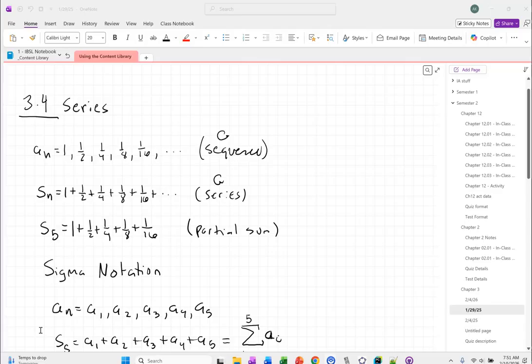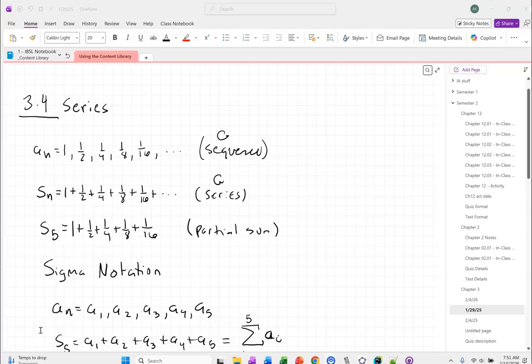If the series doesn't have a dot, dot, dot at the end, we call it a partial sum because it's only part of the sum for the entire series. So notice I use the notation S for series. So we have S sub 5 is the 5th partial sum. So it's the sum of the first 5 terms. You guys okay with that?